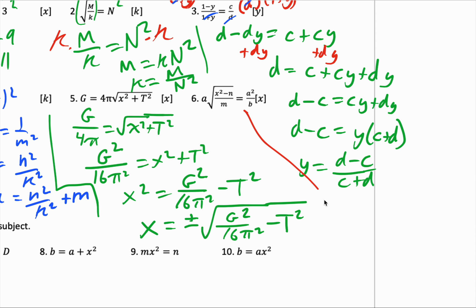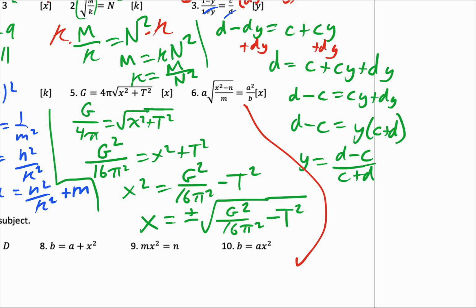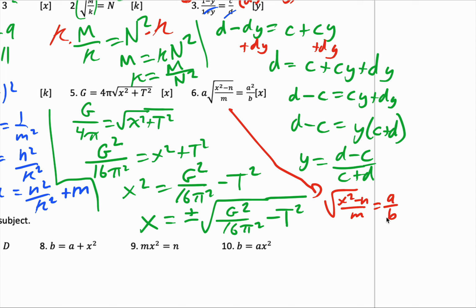Okay, lastly, and we don't have a whole lot of room for that, we're solving for x, so let's divide both sides by a first. If I divide this side by a, I get just a squared divided by a is a, so we get root x squared minus n over m equals a over b.